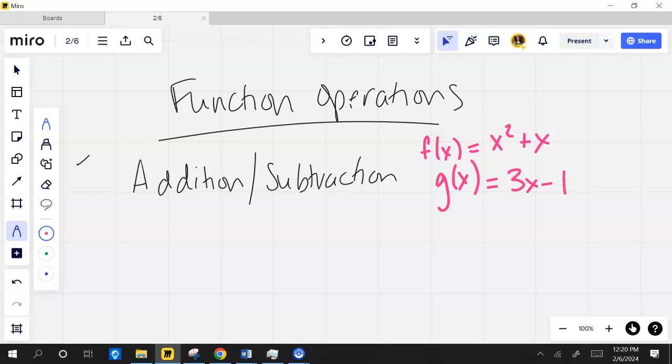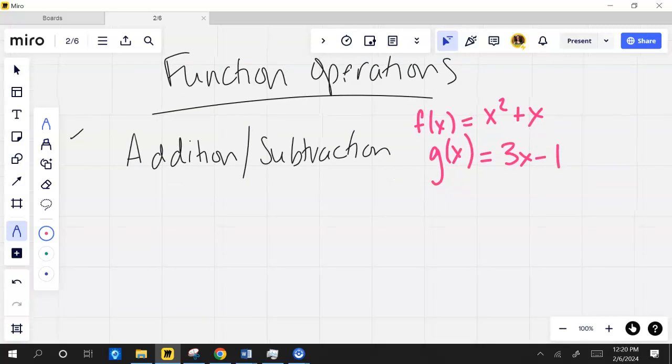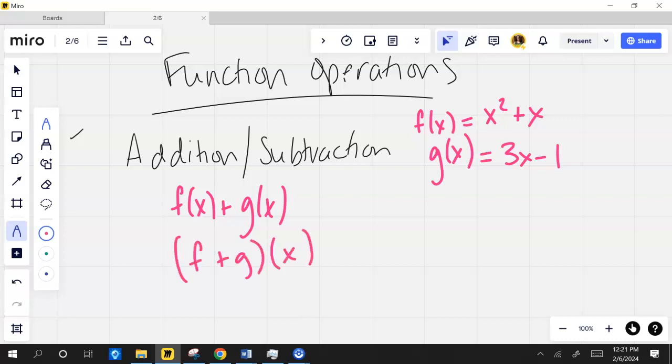That's composition. Yeah, we will, but not yet. All right, so addition, subtraction, really easy. There's a little bit of a new notation that we use. Instead of just saying f of x plus g of x, we may write it like this. And that's the exact same thing.